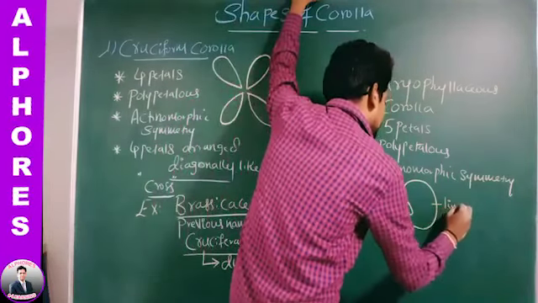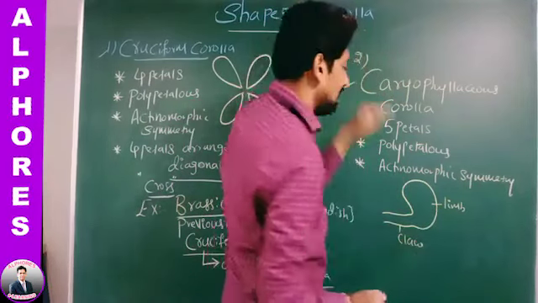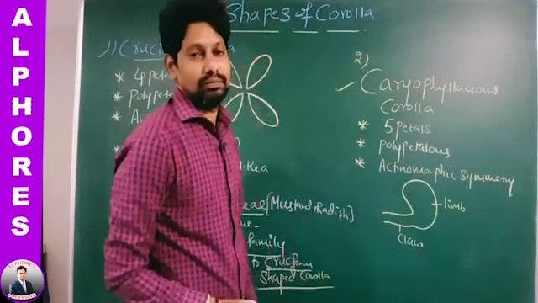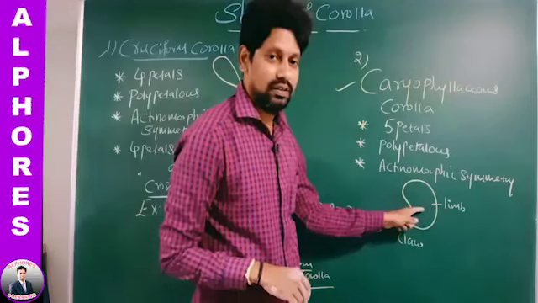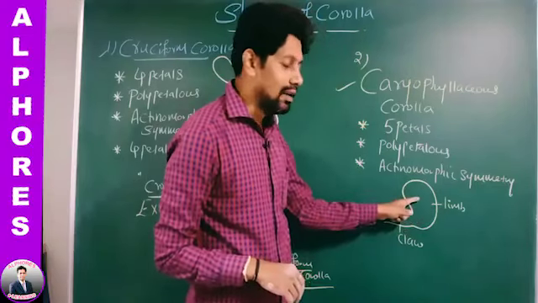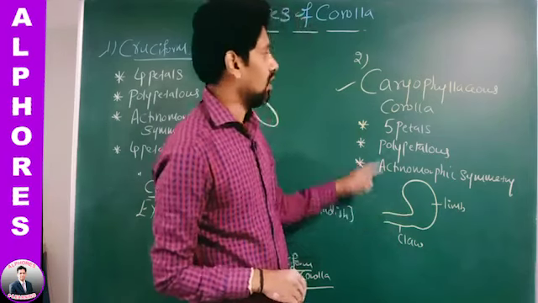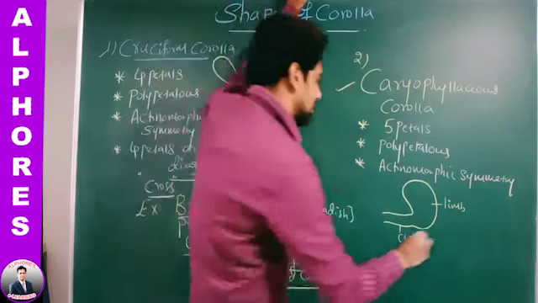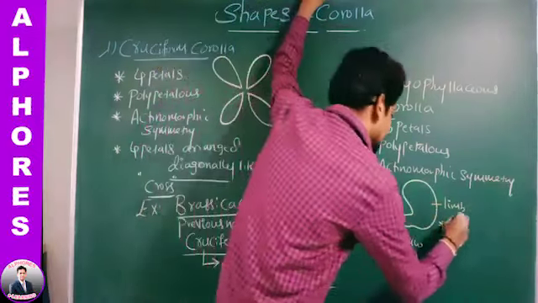Limb. What is this one? Claw. Yes or no? Limb is placed at 90 degrees to the claw. You can see here, the limb is at a right angle, perpendicular to the claw. In the case of caryophyllaceous corolla, the limb.